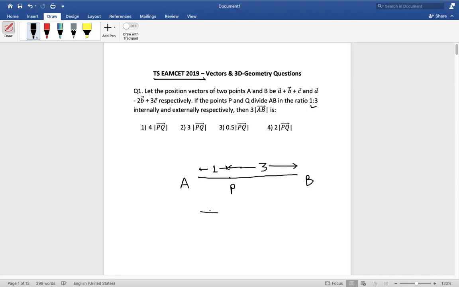If the whole length AB is x, can we find out the length AP and BP? If this whole length is 4 and x equals 4, then 1 unit will be equal to x by 4, and this one will be 3x by 4.